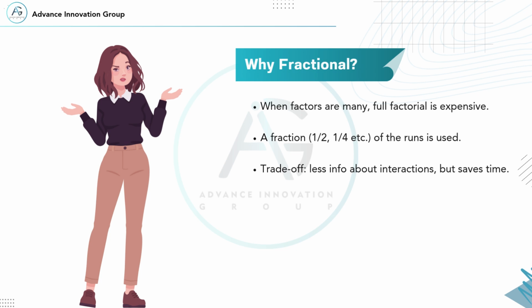The trade-off here is that while we save a lot of time and resources, we get less detailed information about interaction effects between factors. Despite this, fractional designs are very useful in early stages, or when resources are limited.